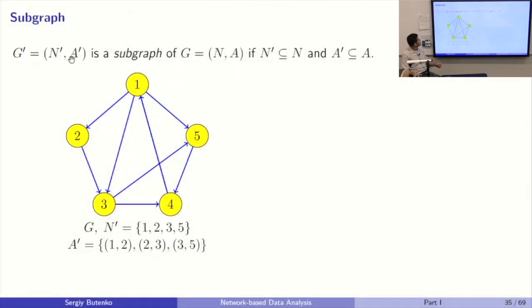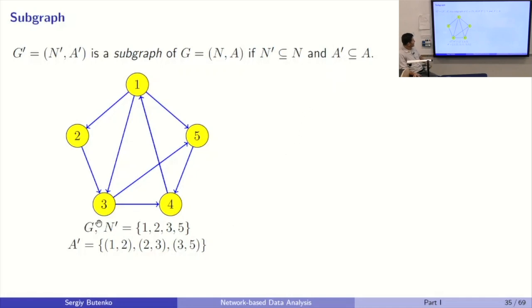We call G prime, with the set of nodes N prime and the set of arcs A prime, a subgraph of G if the set of nodes is a subset of the set of nodes of the original graph, and the set of arcs of the subgraph is a subset of the arcs of the original graph as well.